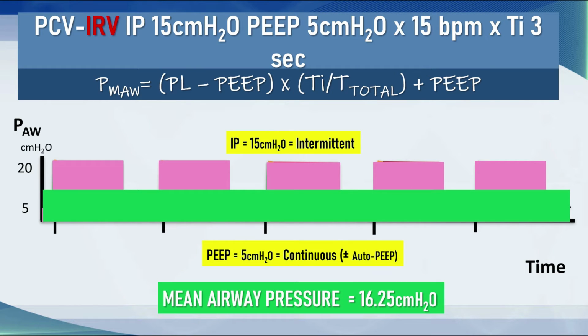In this case, the mean airway pressure has increased from 8.75 to 16.25 centimeters of water. Quite a dramatic increase. And remember, this is coming from a PEEP of 5 and a driving pressure of 15, resulting in a plateau pressure of 20. And that's what makes the mean airway pressure so significant, because it correlates with the degree of inflation of the lungs throughout the respiratory cycle.